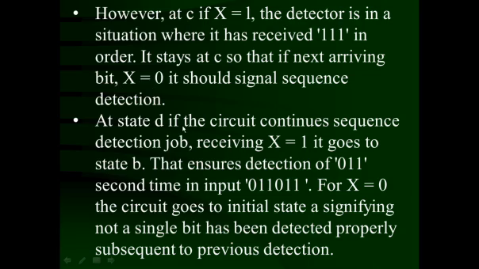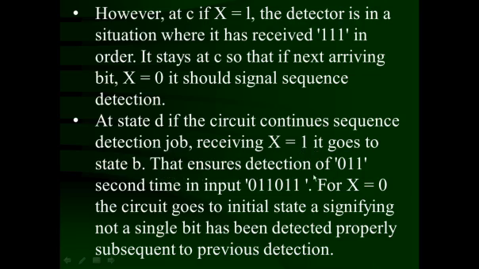At the state D, if the circuit continues sequence detection, that means the input data is still coming, and again it can start a new sequence to be detected, again 1 1 0. So if it receives x is equal to 1, then it will go directly to the state B, where the first bit is detected.